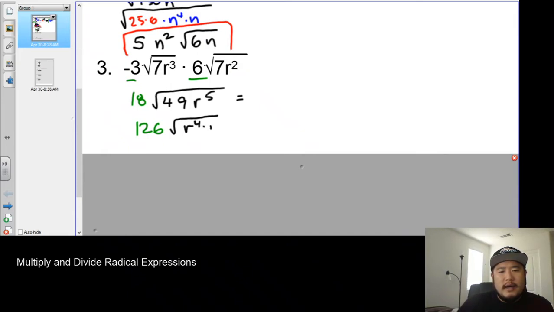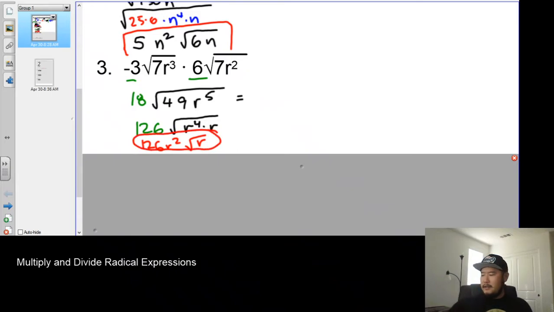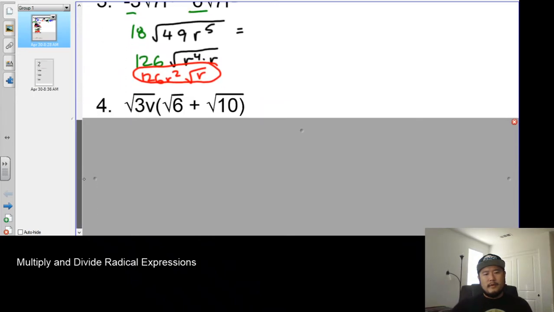So I'll split it up where it's r to the fourth times r, because I can take the square root of an even exponent, and then we divide it by 2. So now this will become 126 r to the second square root of r. And there is your simplified answer right there.